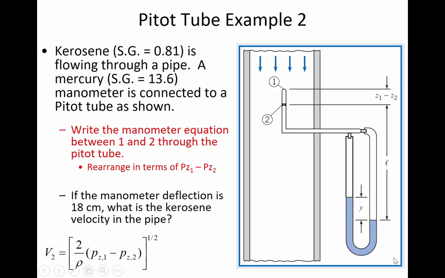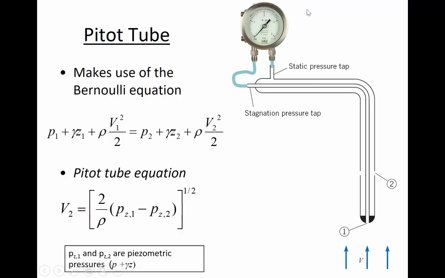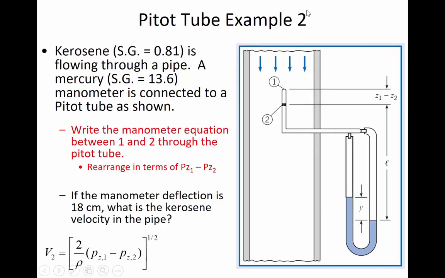That should sound familiar, because in the manometer equation you just found P sub Z1 minus P sub Z2. In other words, we're using the manometer to find the difference in piezometric pressure between the two points. Rather than using this gauge, we're using a manometer instead of a direct pressure gauge.